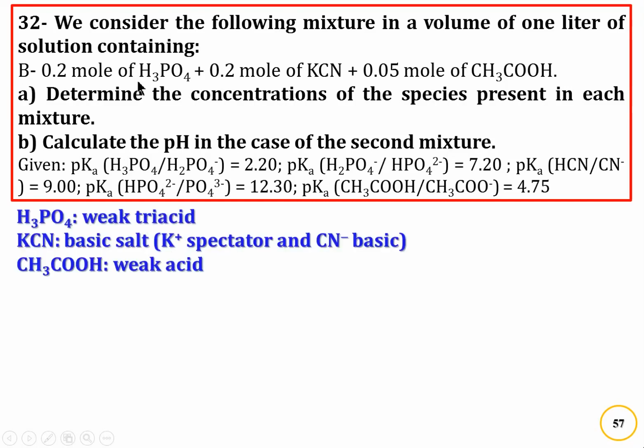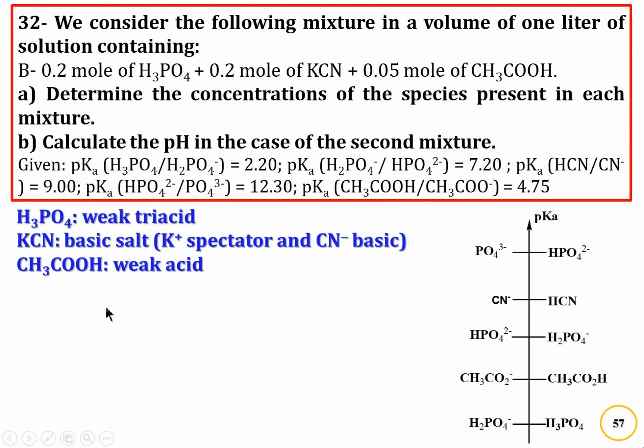In this case, H3PO4 is a weak triacid, KCN is a salt electrolyte that dissociates to the spectator K+ and CN-, which is basic. So KCN is equivalent to CN-, a base. And CH3COOH is a weak acid.